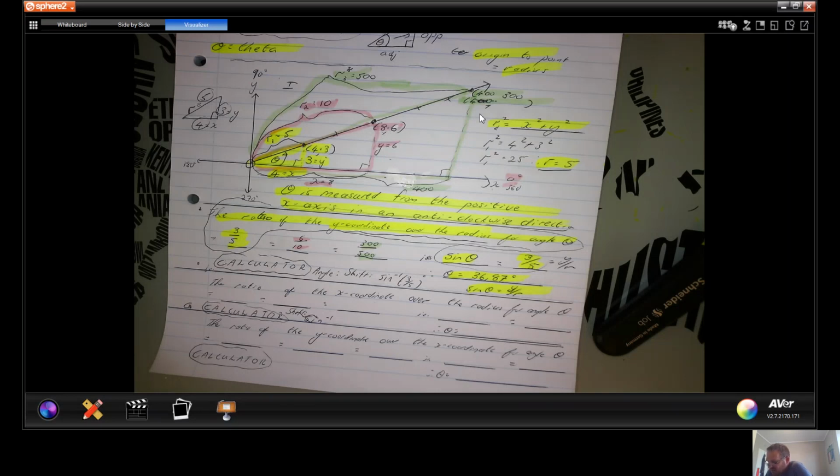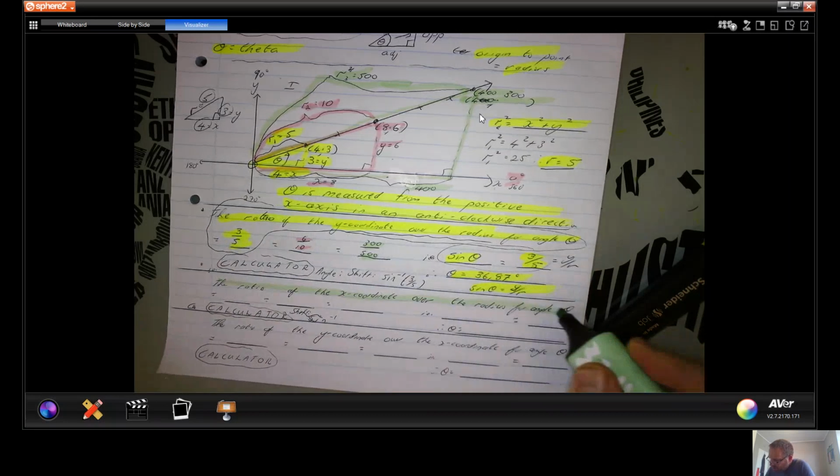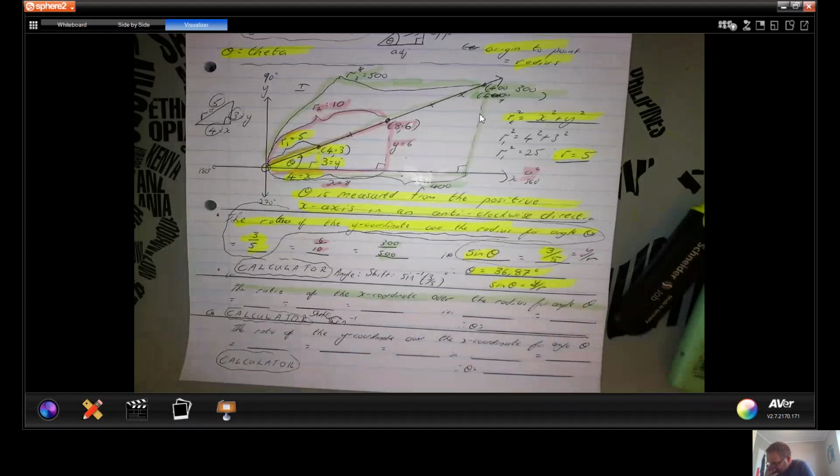Now, just like the ratio of the y-coordinate over the radius stays fixed for an angle, likewise, if I look at the ratio of the x-coordinate over the radius for a fixed angle, that ratio is also going to stay fixed. So let's have a look at the ratio of the x-coordinate over the radius.